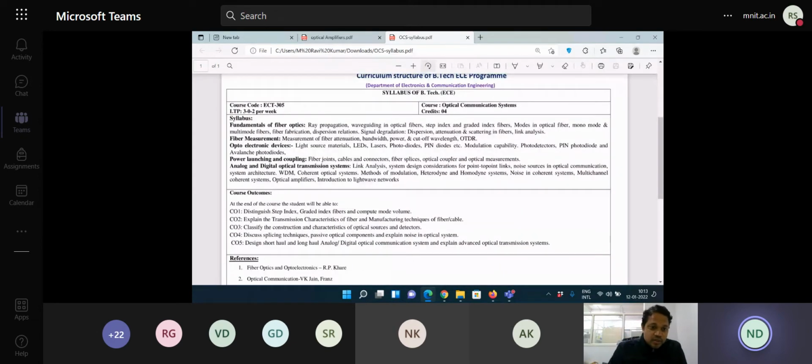So, taking a look at the syllabus, we are into this last module, which is the analog and digital optical transmission systems. We have covered the link analysis, system design considerations for point-to-point links, noise sources in optical communication, system architecture.